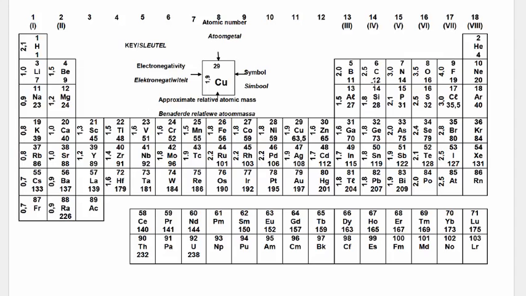How many does he want? How many valence electrons does everyone want? 8. So he wants 8, he has 4, so he needs 4. So he has the same number to give away as to get. So he's very likely to share. You understand? He has 4 valence electrons to share.